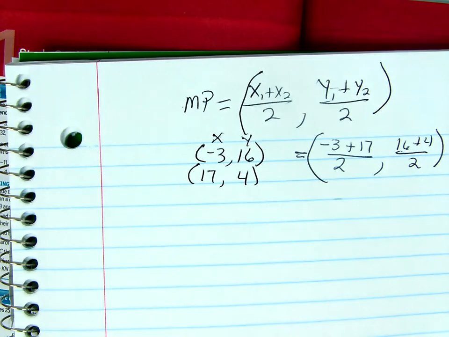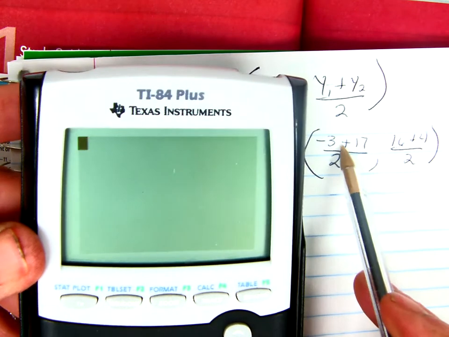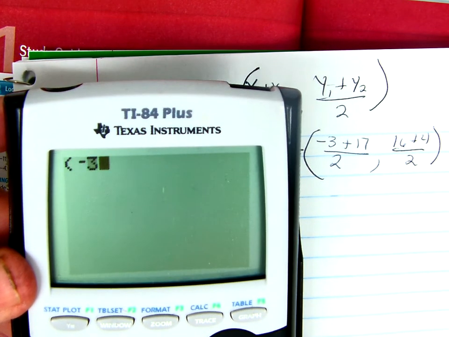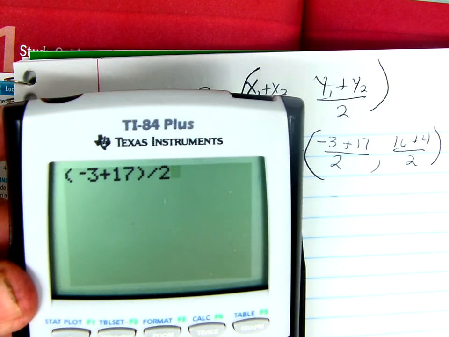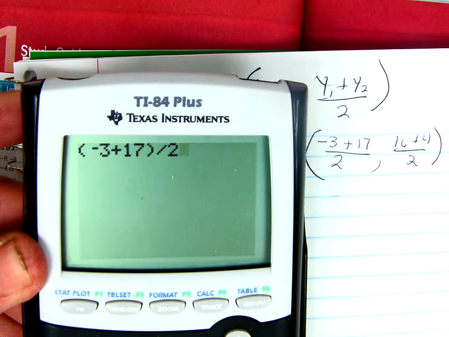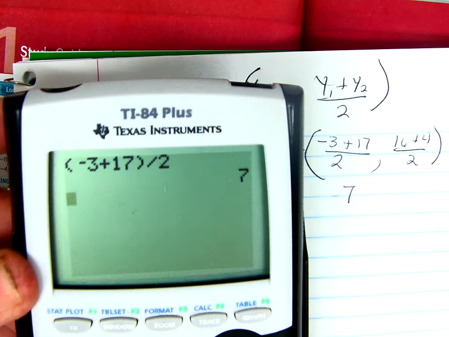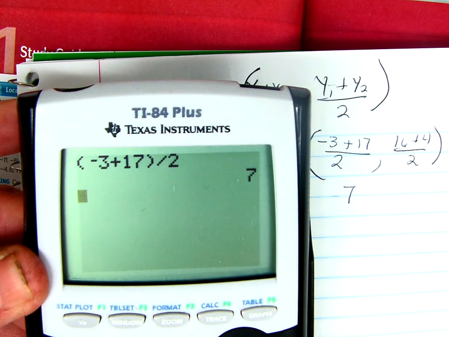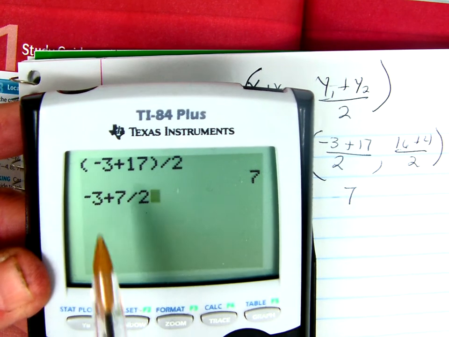Here's the part where you need to be careful. If you're going to use your calculator, you have to put the top part of the fraction in parentheses: -3 plus 17, divided by 2. Or you can just do it as a fraction. The answer is 7, so x is 7. If you did -3 plus 17 divided by 2 without parentheses, the calculator is going to follow order of operations.